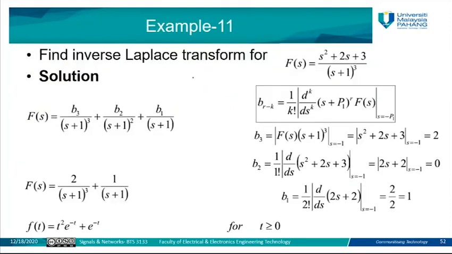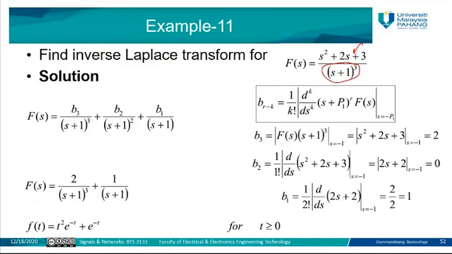In this example, they ask you to find the inverse Laplace transform for F(s) equal to (s squared plus 2s plus 3) over (s plus 1) cubed. Don't look at the numerator. Whatever its value is, it doesn't matter for partial fractions. Partial fractions focus on how to divide the denominator of your function.